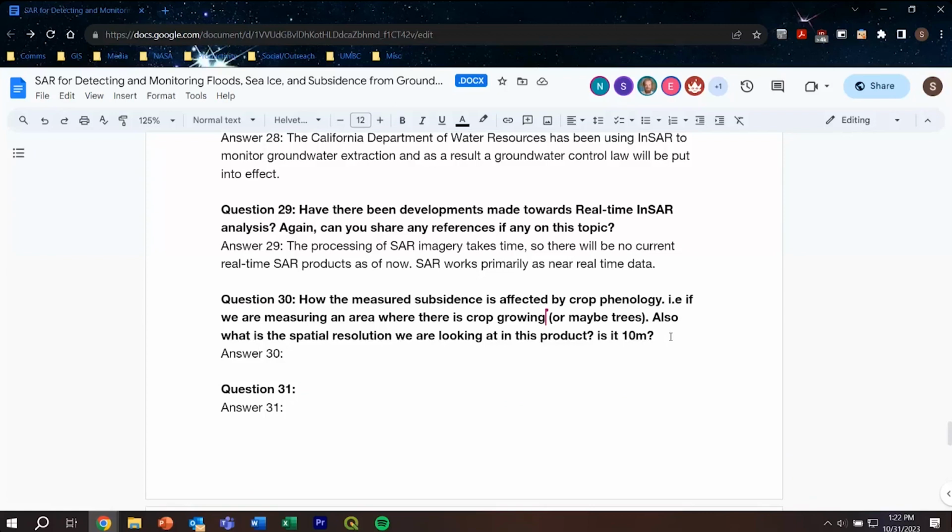So the growth of vegetation, crops, usually causes a loss of coherence. So you might see the amount of coherence loss as a measurement of the amount of crop height change.